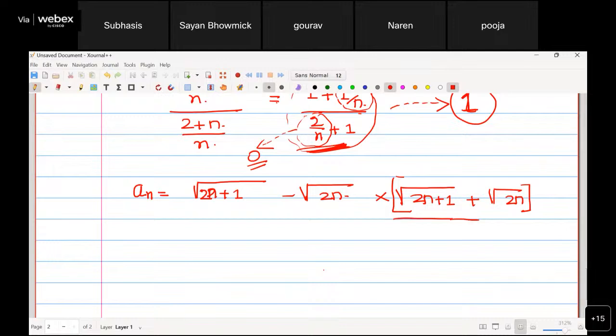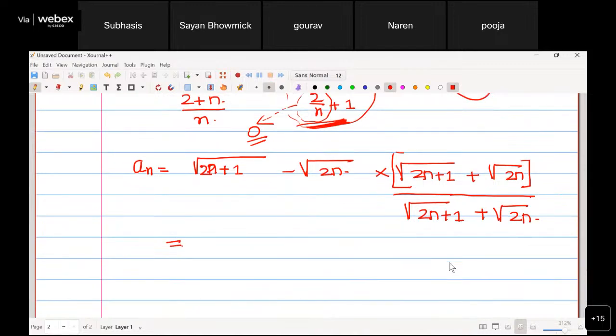So eventually what I'm getting is 1 over the sum of the square roots. This is what my sequence is. Now I can easily say what will be the limit of this sequence.